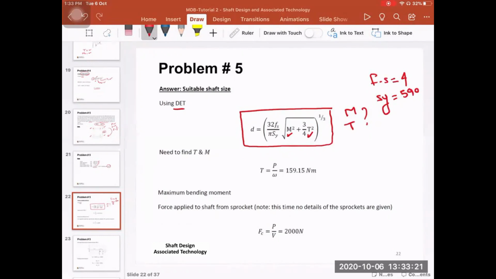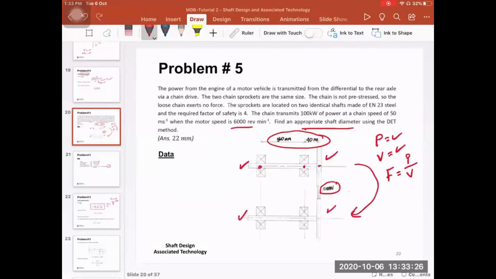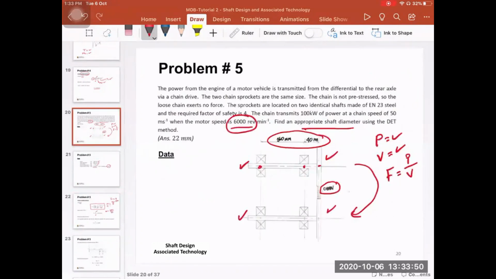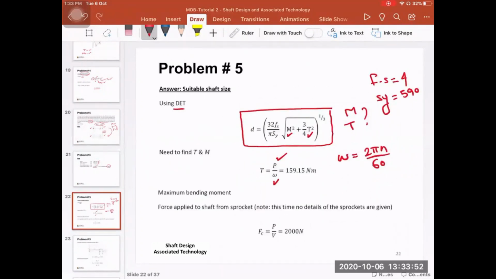The torque is straightforward because for this top shaft, we have the power and we have the RPM. So the RPM is given and the power is given. The torque is equal to the power divided by omega. Omega is equal to 2 pi multiplied by n over 60, where n here is 6,000 RPM.